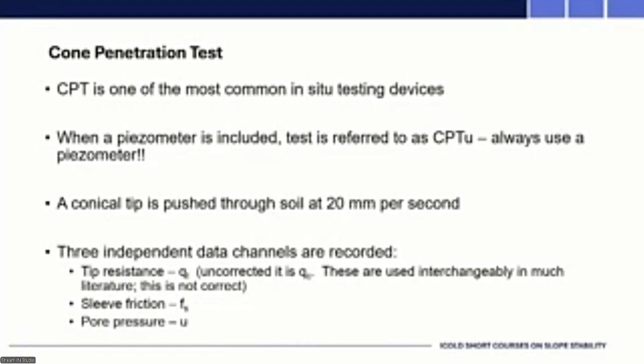They were just interested in tip resistance. It was being used for things like foundation loads, etc. However, these days, it would be kind of criminal to do without the piezometer component, particularly in tailings work. Now, the standard is to use this rate of 20 millimeters a second.